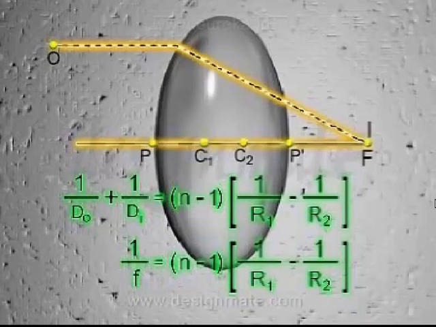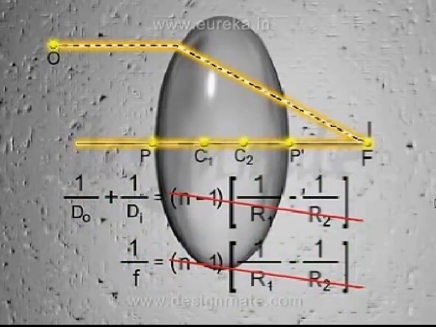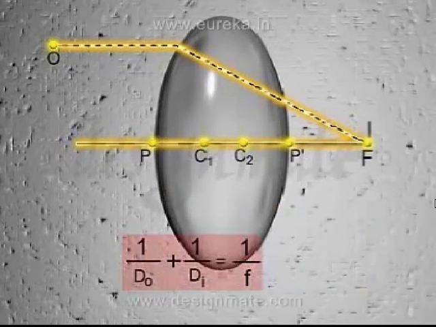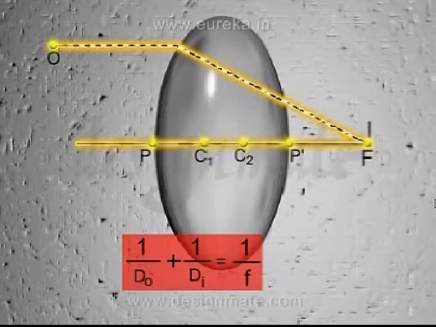Combining equations, 1 upon DO plus 1 upon DI is equal to 1 upon f. This equation shows the relationship between DO, DI and f for thin lens.